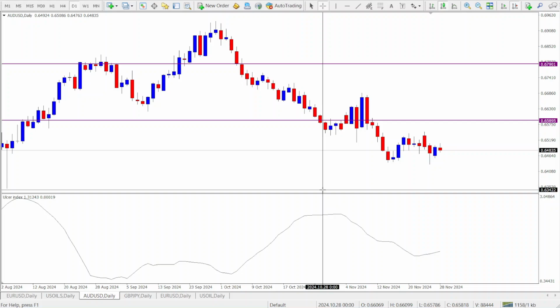So I'm going to recommend using this indicator only if you hold trades for long periods. Because if you want to scalp, there are actually better indicators to use, because a scalper would want to take advantage of both buy opportunities and sell opportunities.